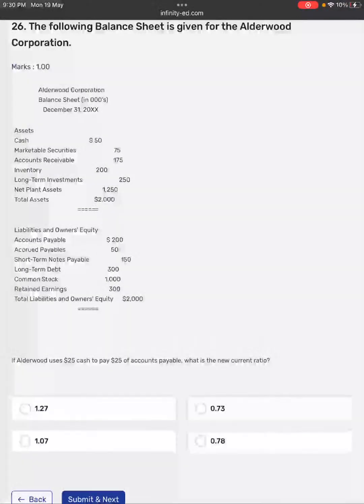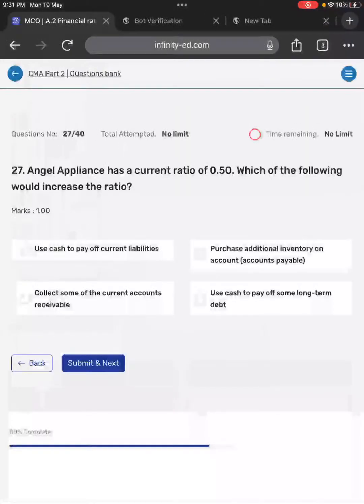And current liabilities: 2000 minus equity, retained earnings 300 minus 1000 common stock, minus long-term debt 300, equals 400. So 400 current liabilities. 400 minus 25 equals 375. 500 minus 25 is 475, divided by 375 equals 1.27. 1.27 is the correct answer.